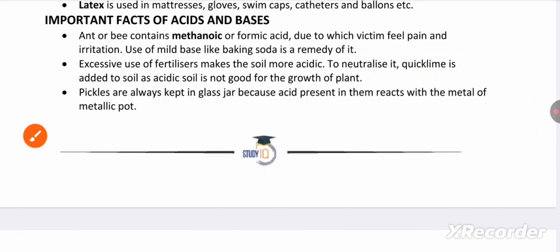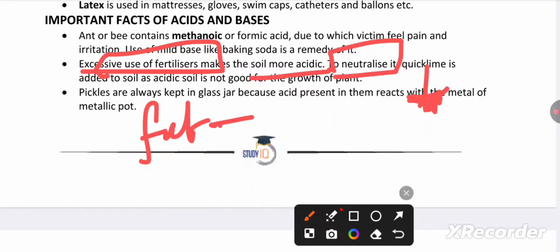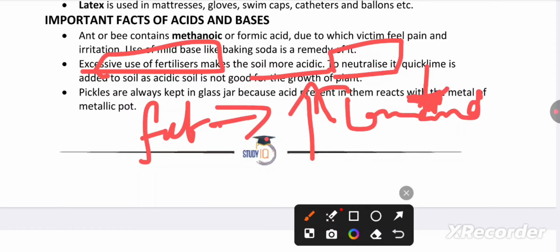Excessive use of fertilizers, very very important. Soil becomes more acidic, and we need to neutralize it with quicklime. This is an example. The fertilizers we use are acid-rich. We can make lemon juice from that acid.